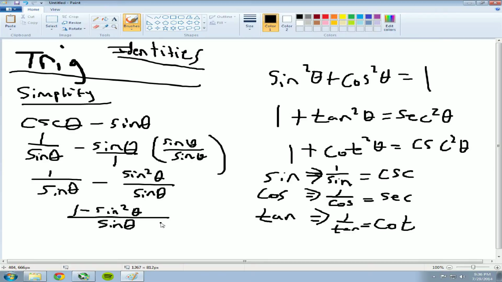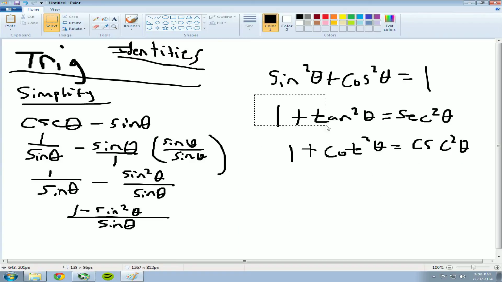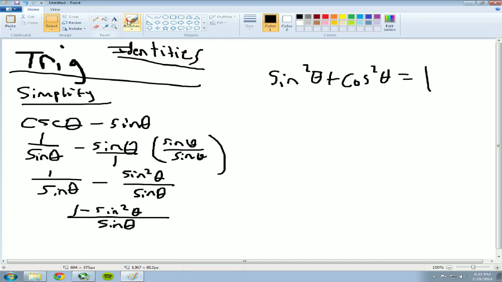Now, looking at this, it might be a little tricky, just because it's not exactly in our list. However, if you get cosine squared theta by itself, and you subtract sine squared theta on both sides, cosine squared theta equals 1 minus sine squared theta.